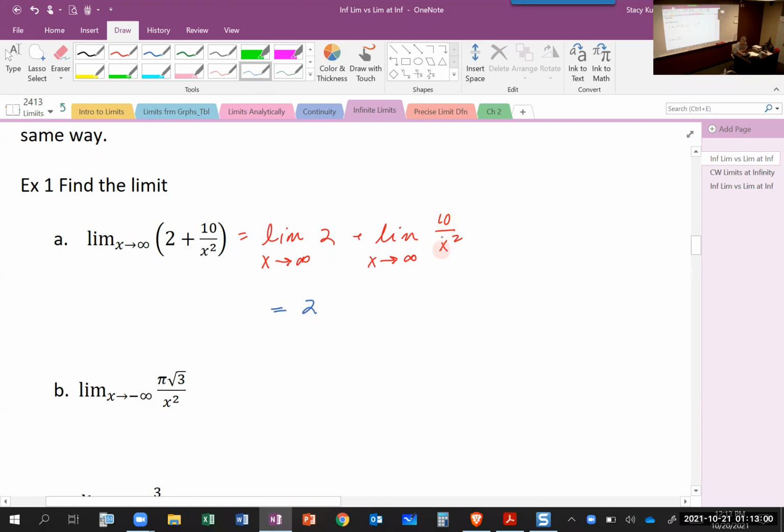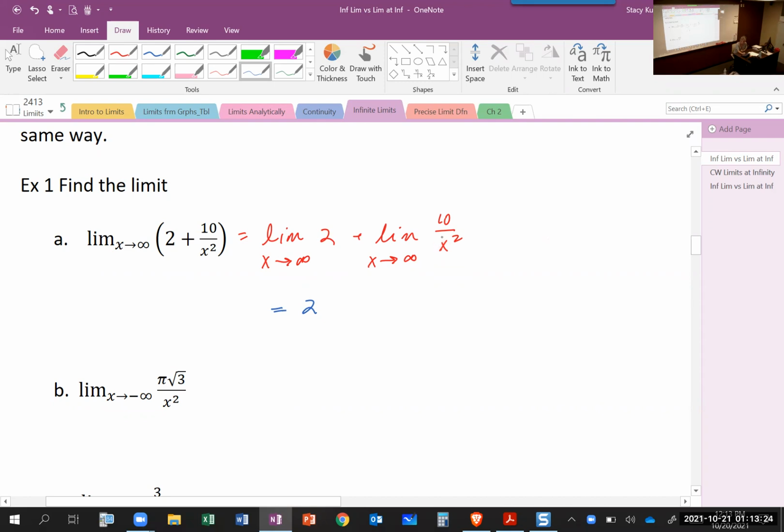Now let's think about this limit here. The denominator is x squared. We're approaching positive infinity, so it's getting larger and larger, faster because it's a square, but it's still just getting larger and larger. When the denominator gets larger and larger, what happens to the value of this fraction?